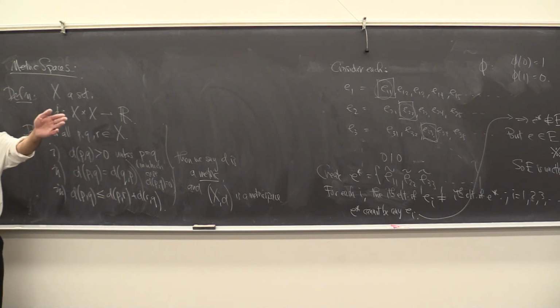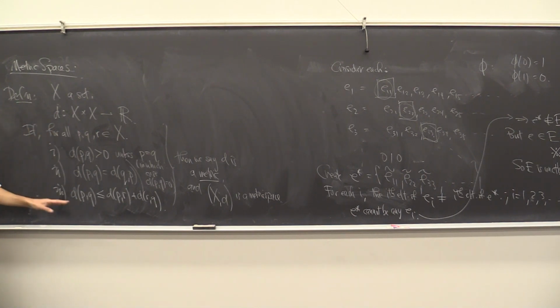In other words, the triangle inequality: the distance from me to you is controlled by the distance from me to some intermediary point, and then the distance from the intermediary point to that third thing. So those are what we want a distance to satisfy.